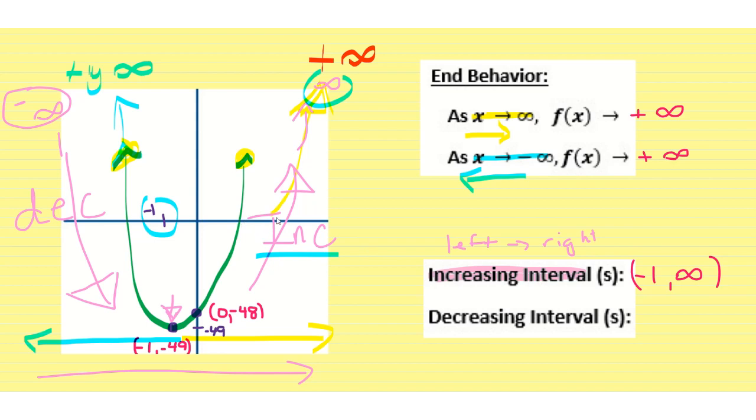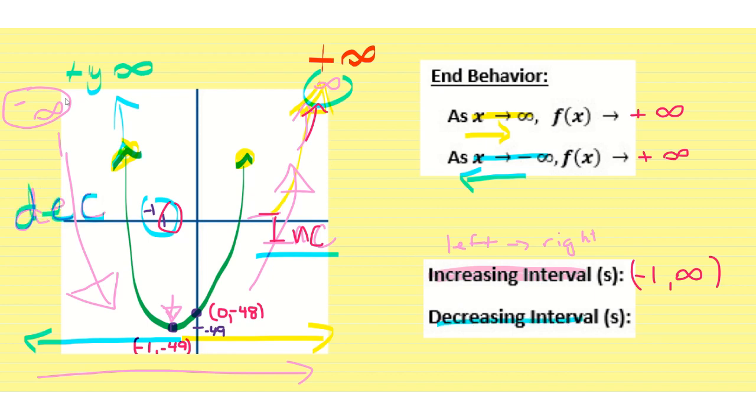Let's talk about that again. Increasing starts here at the vertex and then goes up to positive infinity. So it starts at that -1 and then goes up to positive infinity. The decreasing is over here.